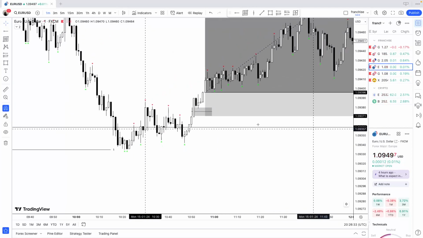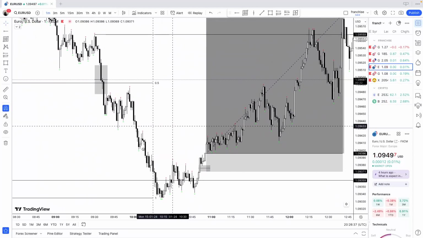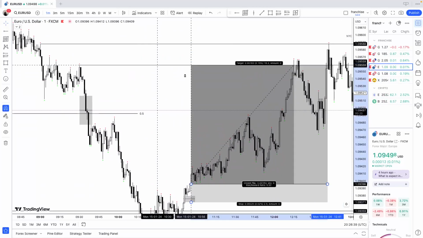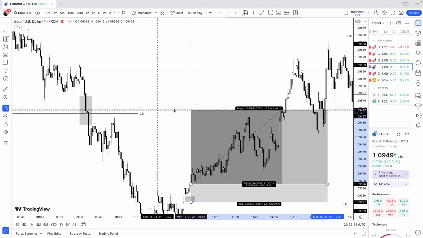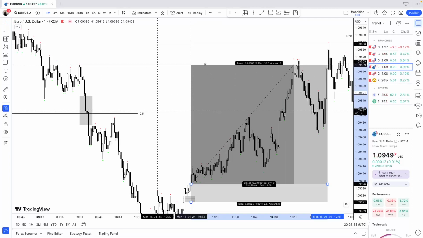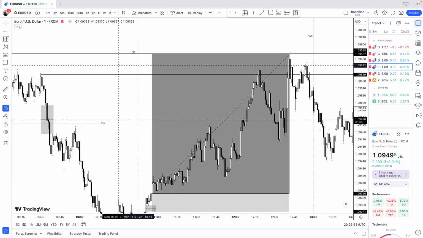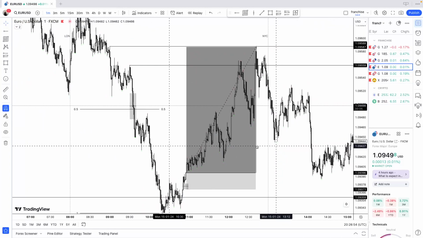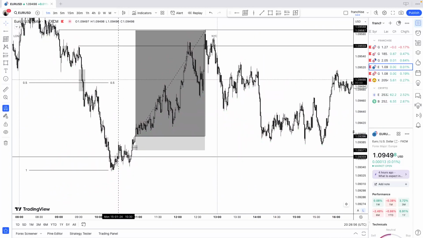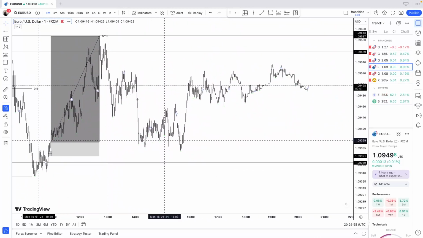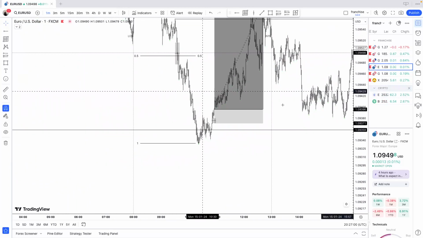You enter after displacement, stop loss below the fair value gap, and we can target the equilibrium of the fair value gap for our TP1 being a 4R, TP2 is a 7R, and TP3 is 7.5R. As you can see, after this, price reverses back down and ranges.